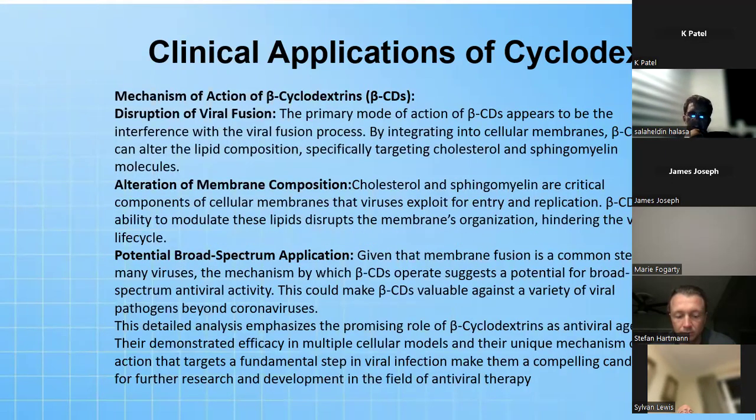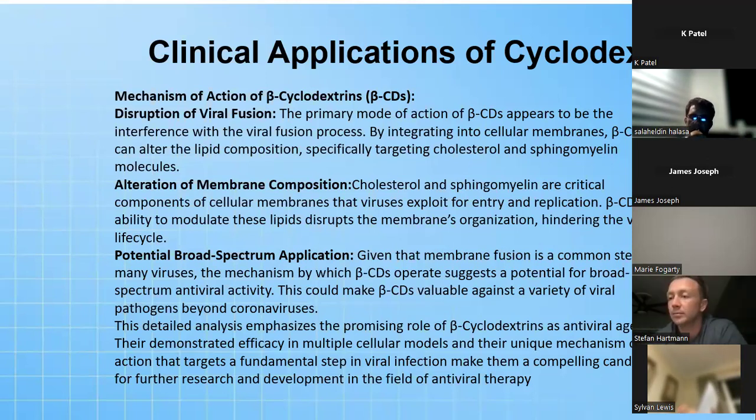So the mechanism of action is disruption of viral fusion. The primary mode of action of beta-cyclodextrin appears to be interfering with the viral fusion process. By integrating into the cellular membrane, beta-cyclodextrin can alter the lipid composition, especially targeting cholesterol and sphingomyelin molecules, and prevent that fusion from happening.